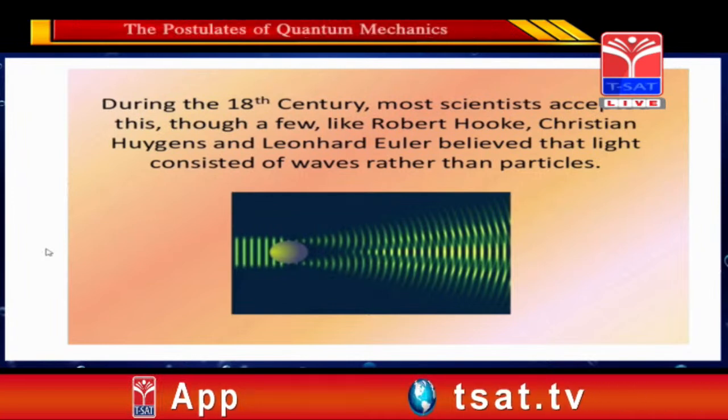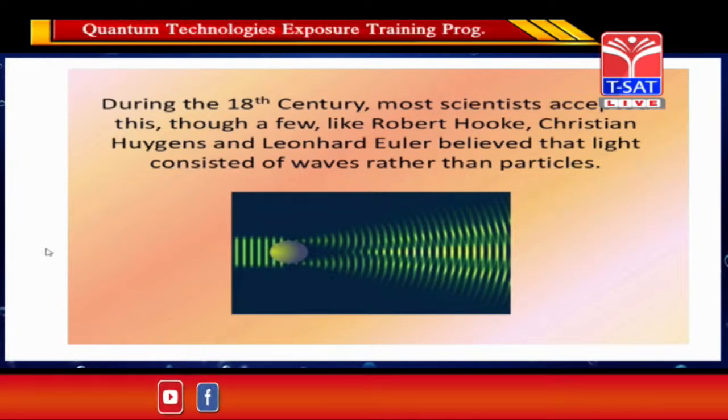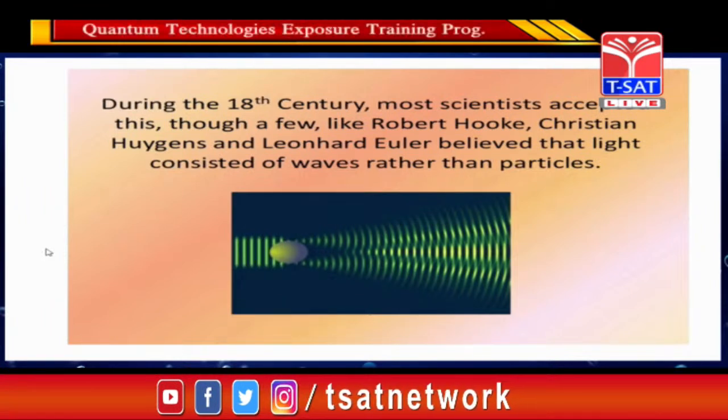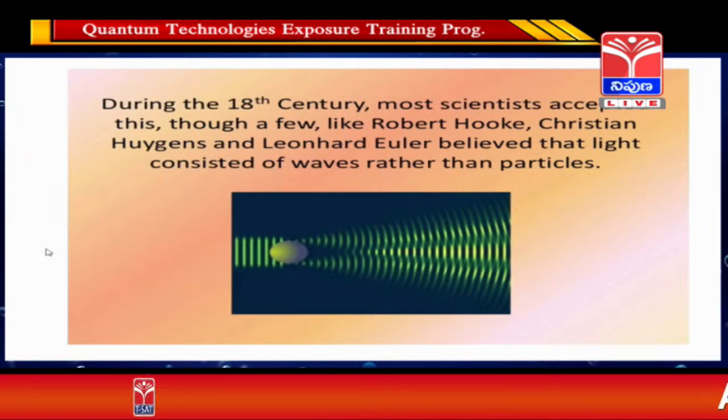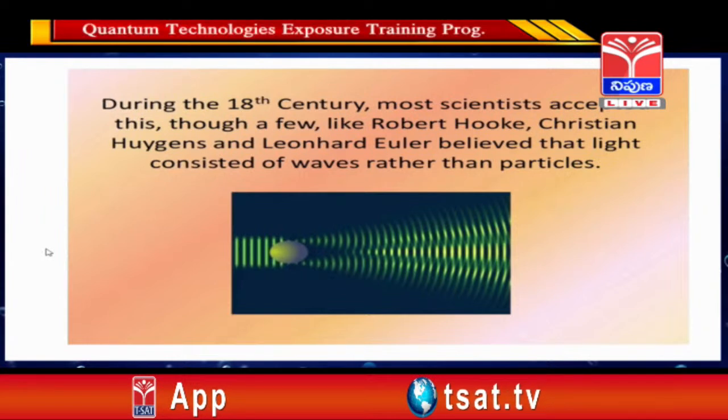Probably some or most of you have heard of or read about Young's double slit experiment, where an interference pattern was established, showing that light exhibits this kind of behavior. Interference pattern is a property of waves.